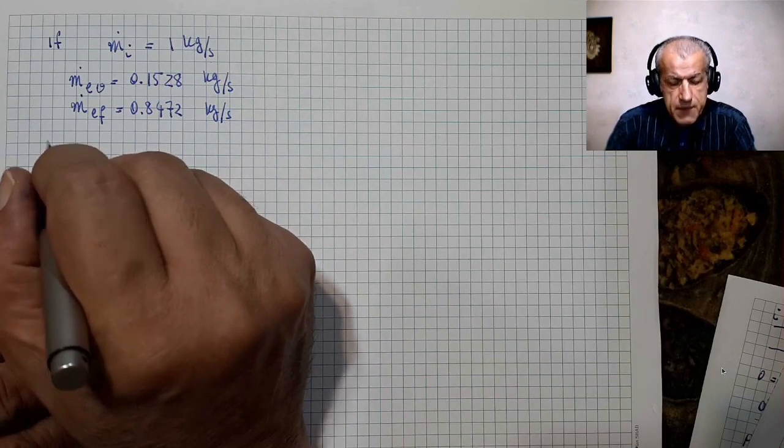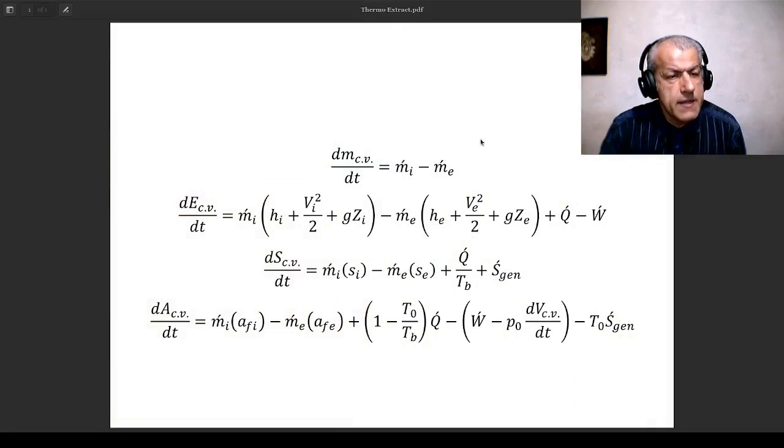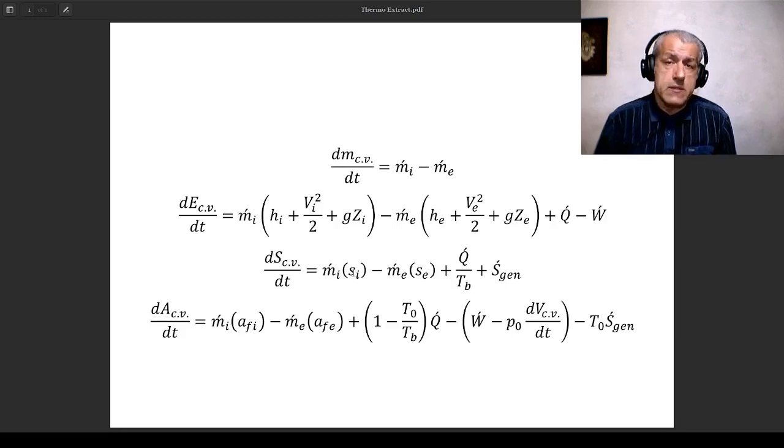The second law of thermodynamics, we could have a look at it here, and the second law tells us that the change of entropy inside the control volume, which would be zero because we are assuming the problem to be steady, equals the entropy that enters with the mass, minus the entropy that leaves with the mass that leaves, plus heat transfer divided by the boundary temperature, plus the generated entropy.